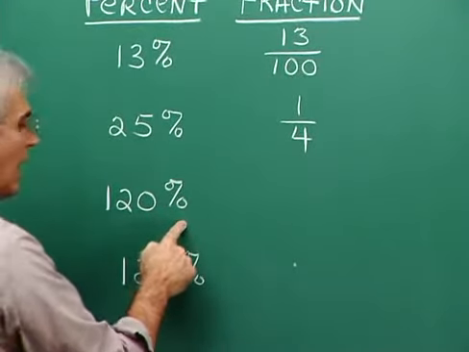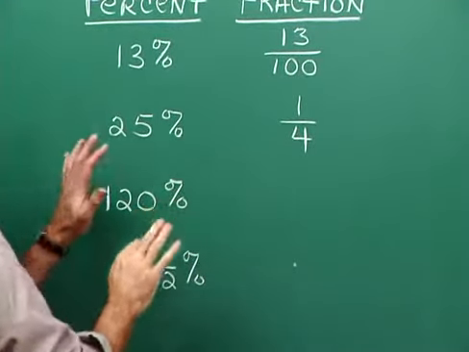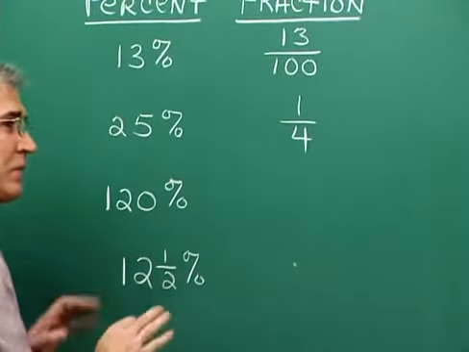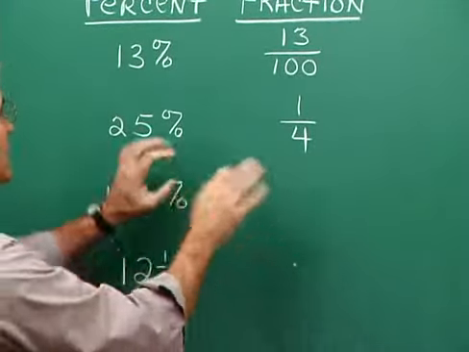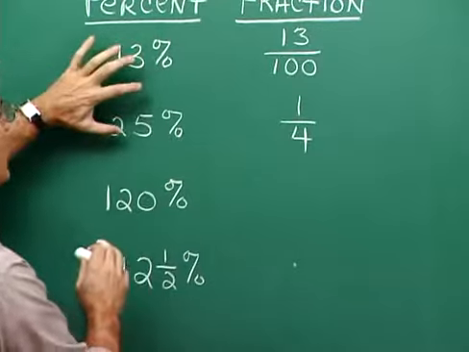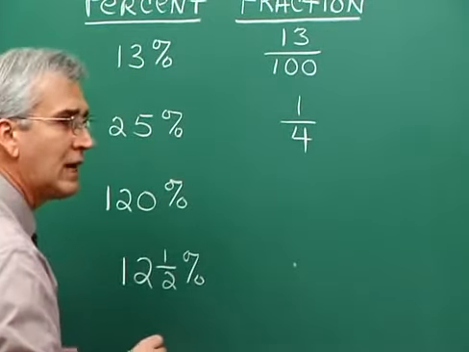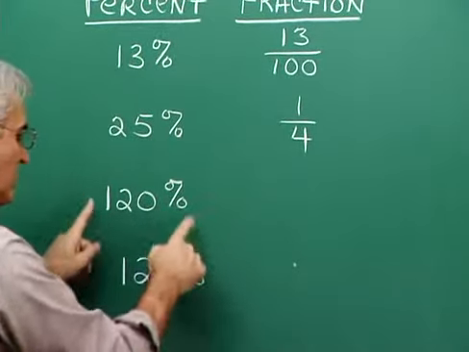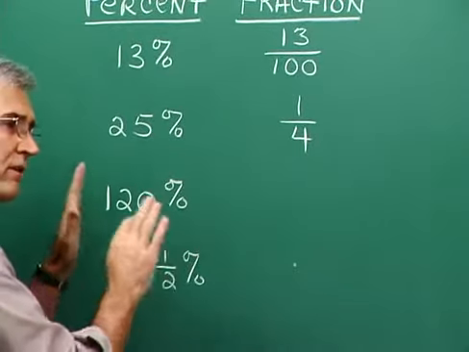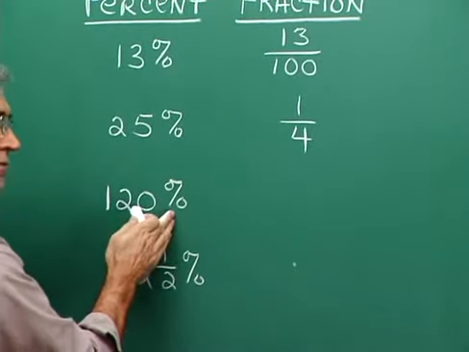120%. Wow. Now this one, maybe they start to look strange, and we are using a particular strategy on the easy ones like this, and the fractions come out real nice, but we're not sure of what to do in situations like these two. Well, just go back to the fundamental idea of the meaning of percent.